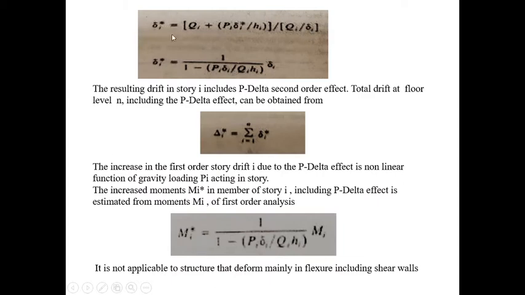So now after rearranging these terms, you will be getting a final equation. That is the final story drift: small delta i star will be equal to 1 the whole divided by 1 minus Pi delta i upon Qi Hi, and this whole equation is multiplied by delta i.